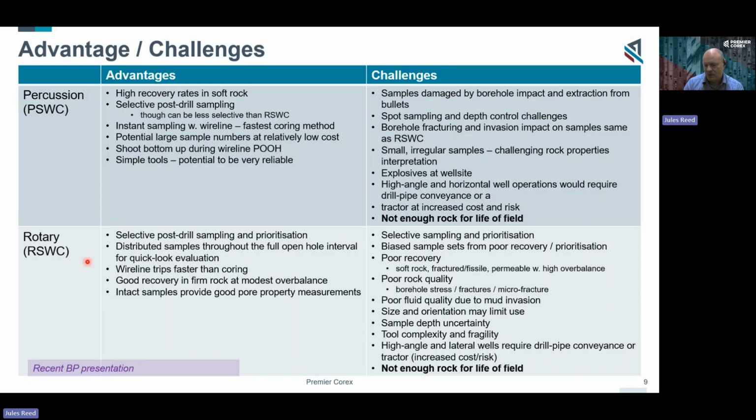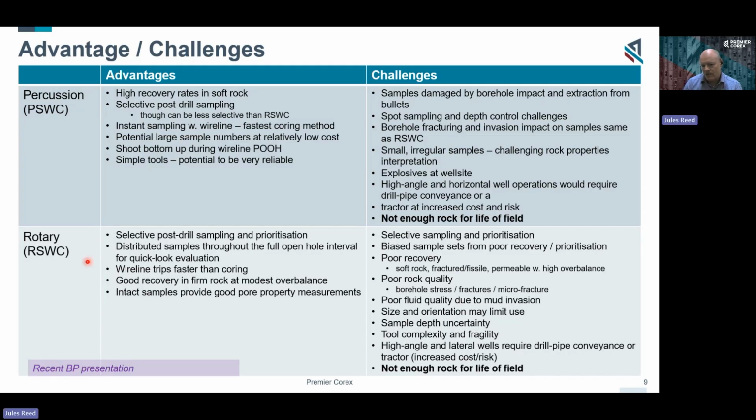And the percussion process is a fast acquisition process. So of all of the coring processes that are out there, percussion sidewalls, rotary sidewalls, or full diameter core, the percussion sidewall core is the fastest method of acquiring core material, and it makes it a good advantage, particularly in exploration processes.